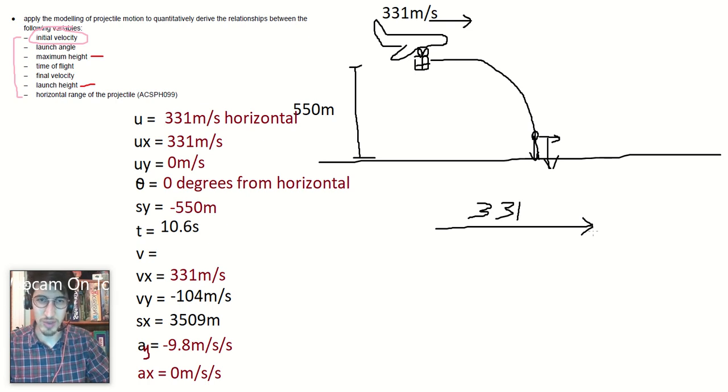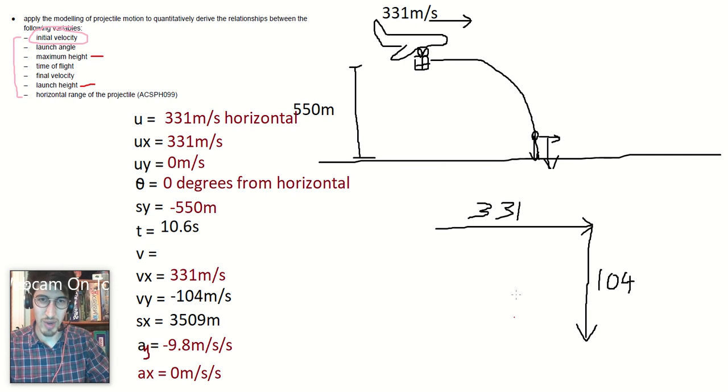And the downwards final velocity, we worked out down here, it's Vy, it's negative 104. Negative means I draw my vector downwards because I chose that as my negative direction. And the value is 104. So the downwards arrow is the negative, 104 meters per second is the magnitude.